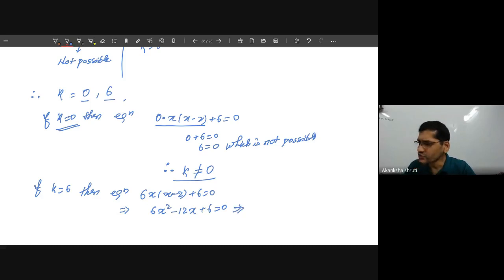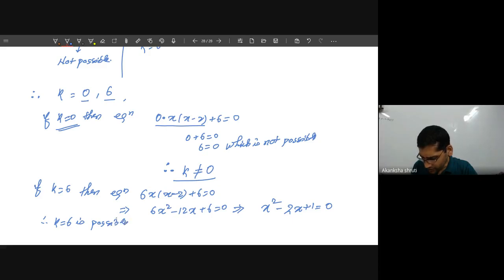What is the quadratic equation? That quadratic equation can be determined and its roots can also be determined. The quadratic equation is like this: x square minus 2x plus 1 equals 0. This is a quadratic. So therefore k equals 6 is possible.